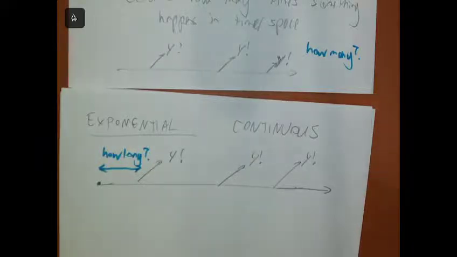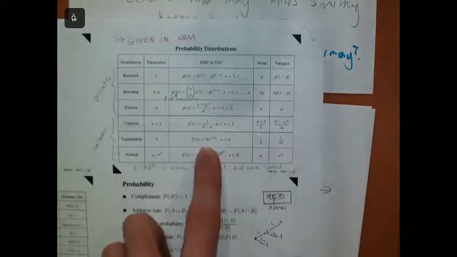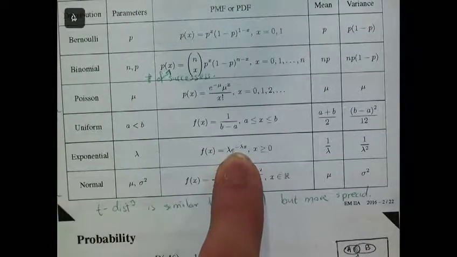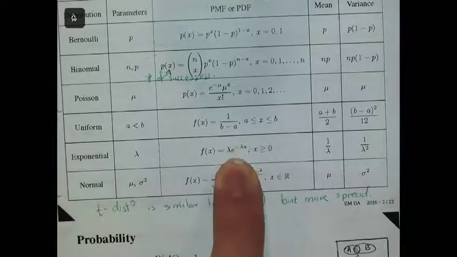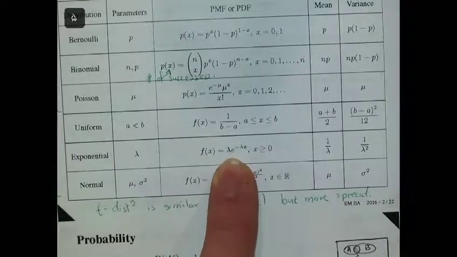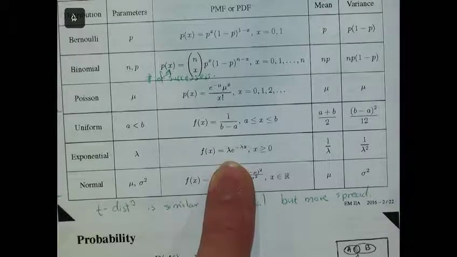So, interestingly, this function here tells you how likely it is to be close to that x. It doesn't really tell you what the probability is at all. What you want to know is how likely it is to be less than or equal to a certain x.